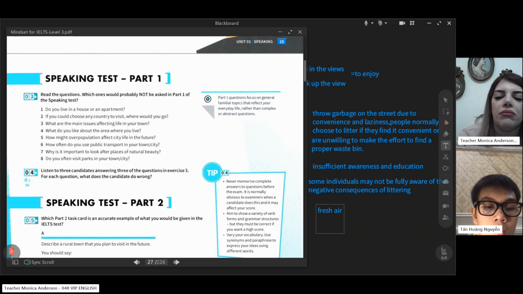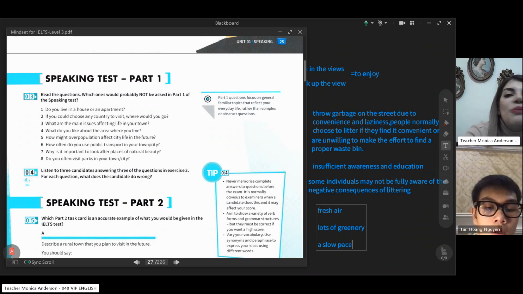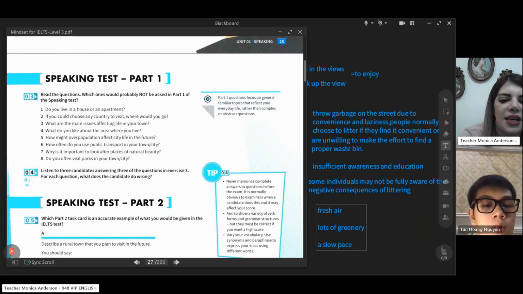Greenery, or maybe lots of greenery. So slow or fast, maybe pace of life, speed of life. Life is too fast, especially in cities. Pace of life.